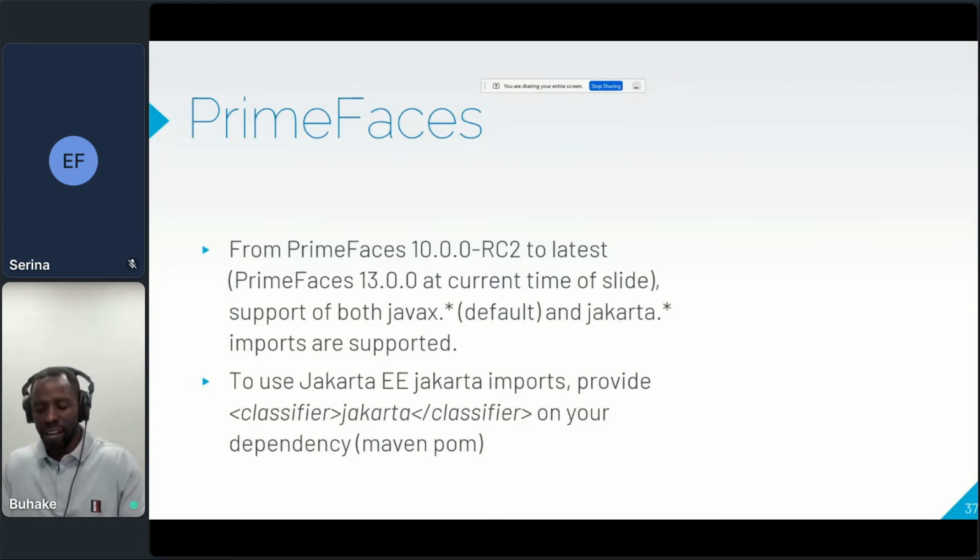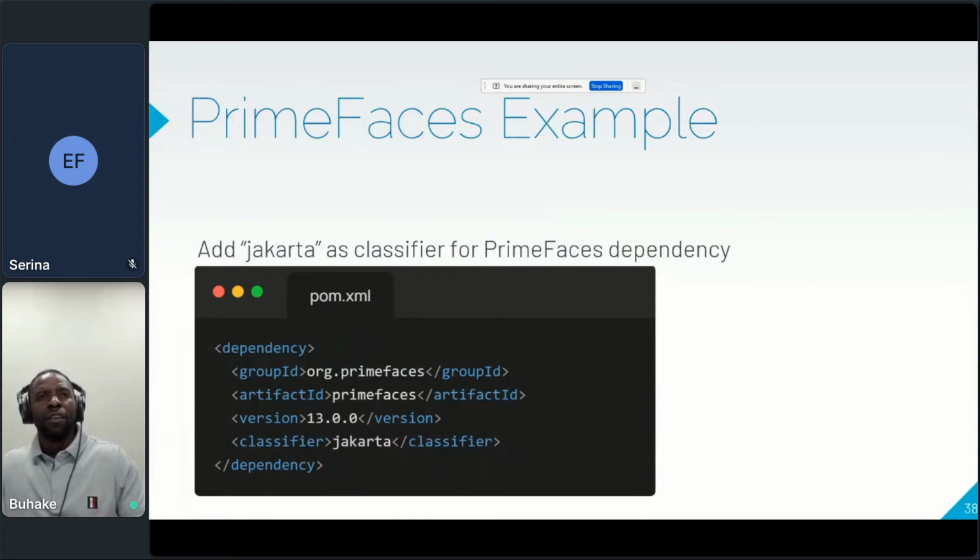No, I can't find anything. So on your pom.xml, this is the latest PrimeFaces version. So your GAV is exactly the same. The only thing that you specify is your classifier to be Jakarta, and then it will apply the Jakarta EE namespaces and the imports as well.